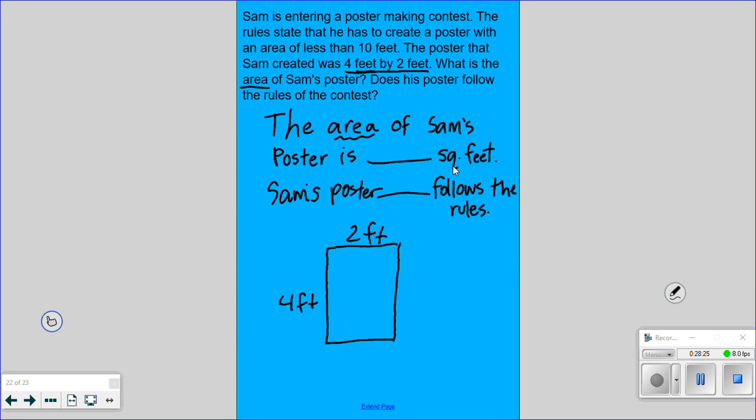Yes, I could, but we just learned a faster strategy. What was our fast strategy? Devin? A fast array. What would be the equation that goes with my fast array, Devin? Yeah, 4 feet times 2 feet. What is 4 feet times 2 feet? Devin, you're on a roll. 8 feet.